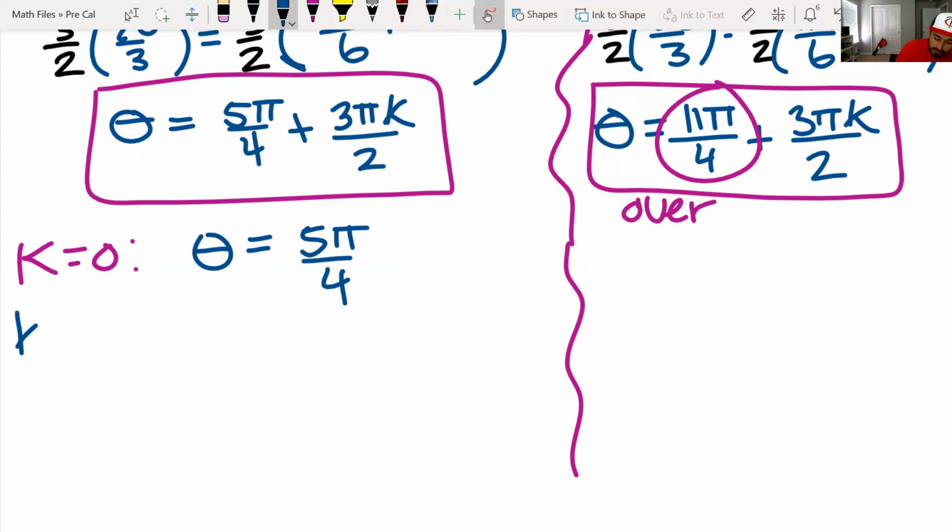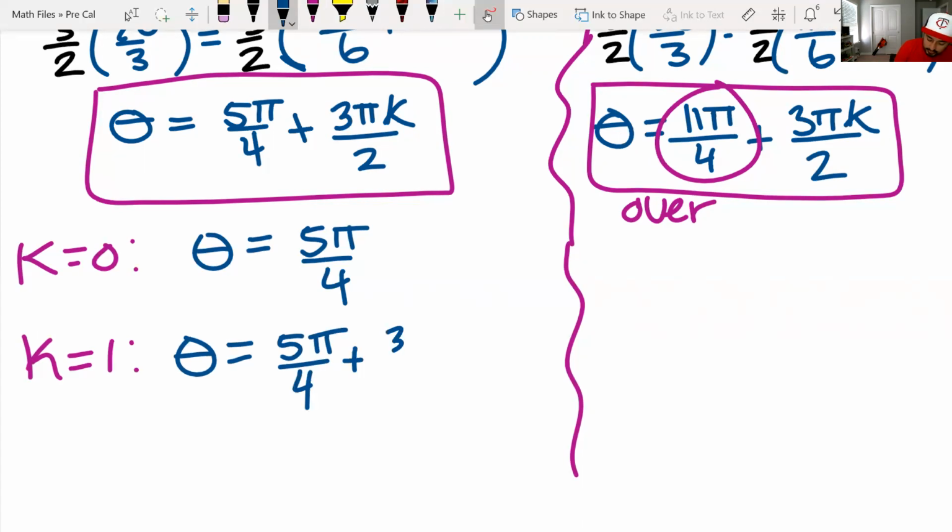Then we'll say k equals 1, and we'll get theta equals 5 pi over 4 plus 3 pi over 2.